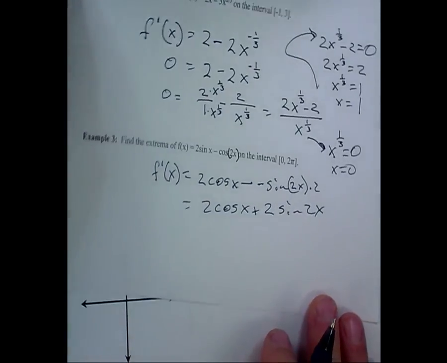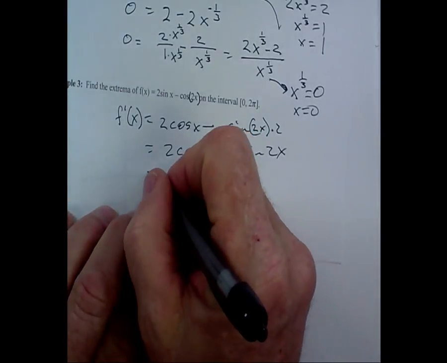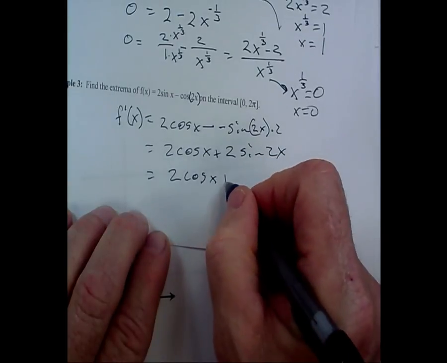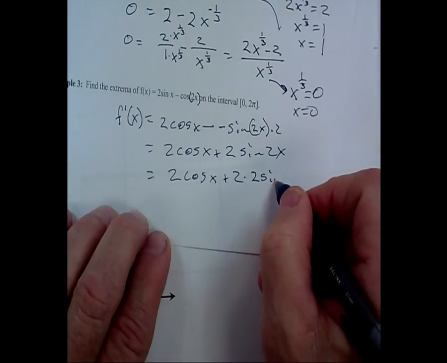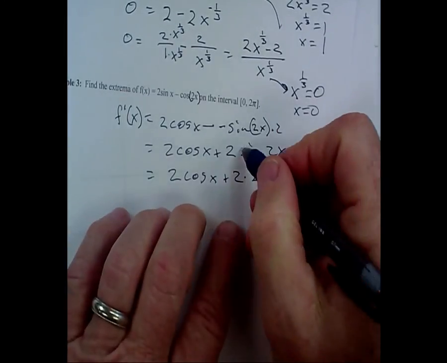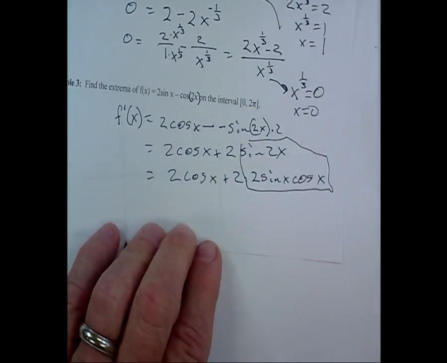Correct? Which is the same as this. 2 cosine x plus 2 times 2 sine x cosine x. Remember, these are equivalent. Yes? Yes.